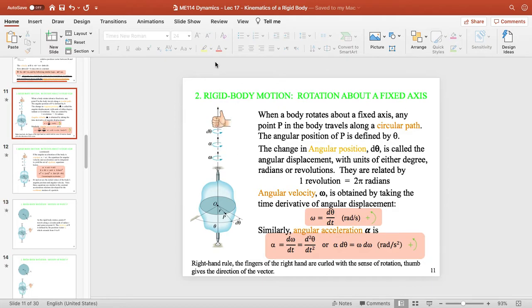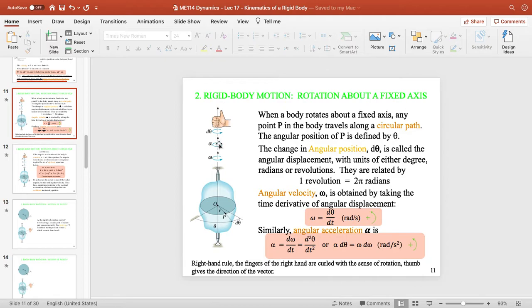Okay. From this we had started to define angular displacement, angular position, angular velocity and angular acceleration.